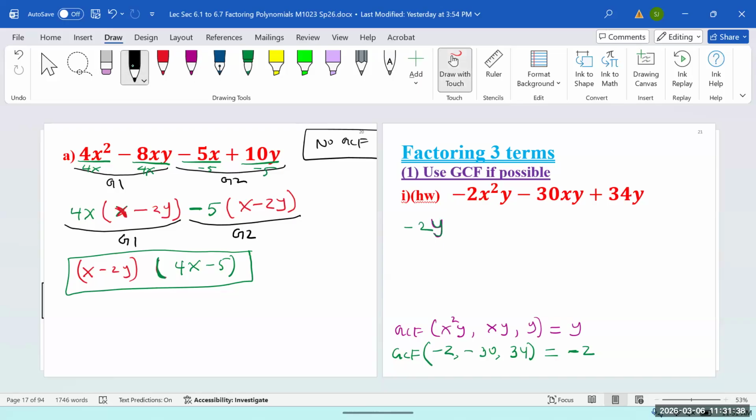Let me put it a little bit lower. We have negative 2 for the number, y for the variable, and then we write what is left.